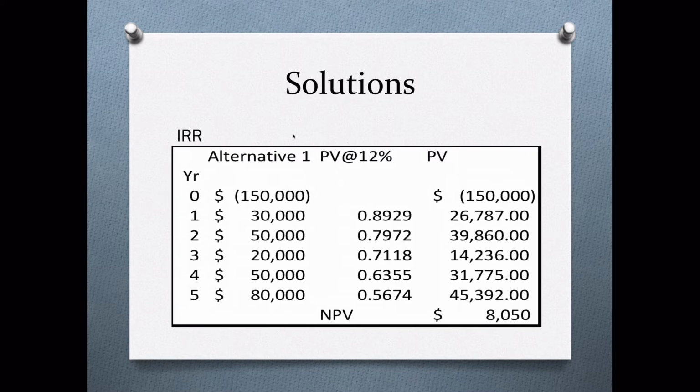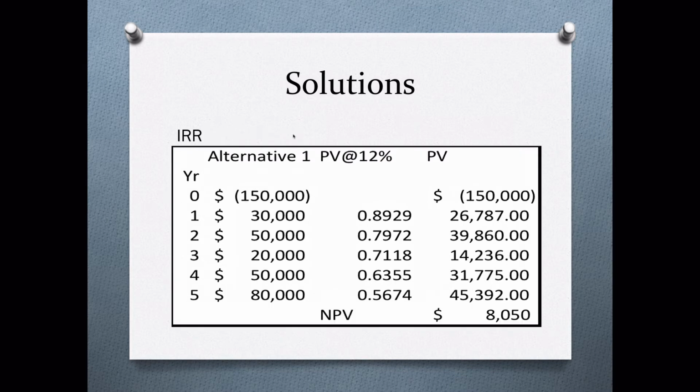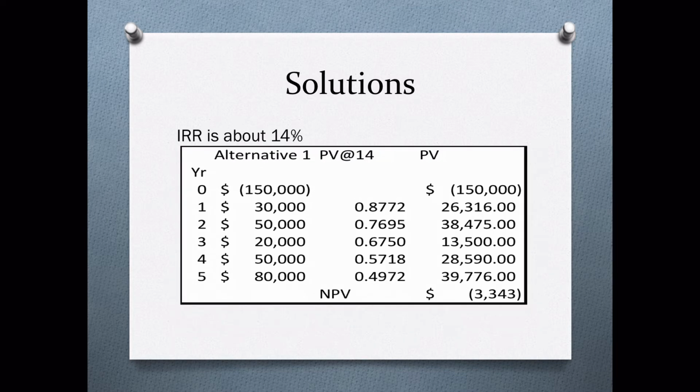So, first I plugged in 12%, calculated the net present value, and got 8,050. I thought I could probably do better than that, so I plugged in 14% and got about a negative 3,343, so it's a little less than 14% and more than 12%.